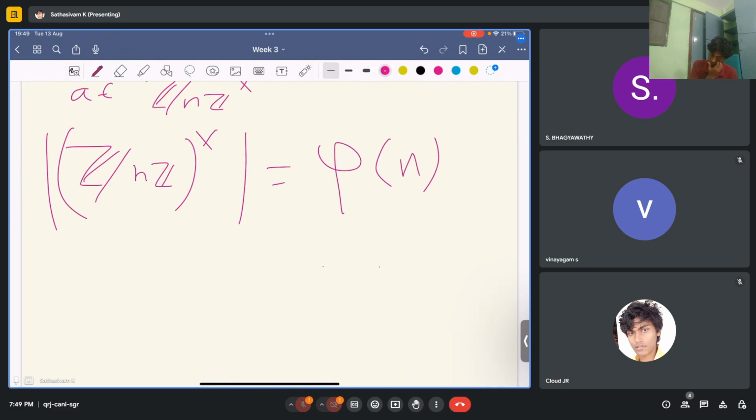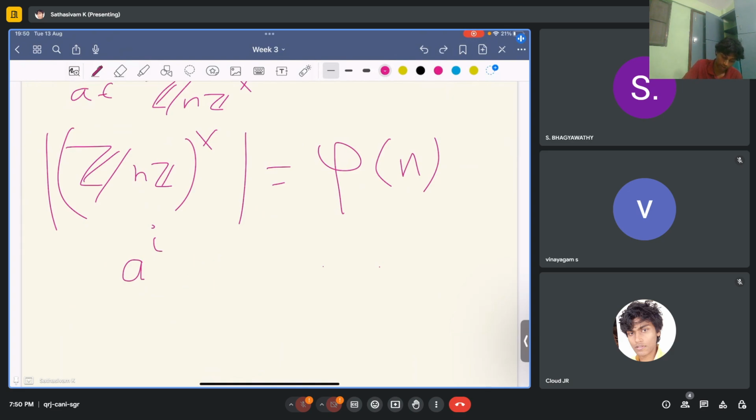Okay. So how do you prove that? The actual step uses a little bit of number theory. If you take a power i, it has to have an inverse, right?